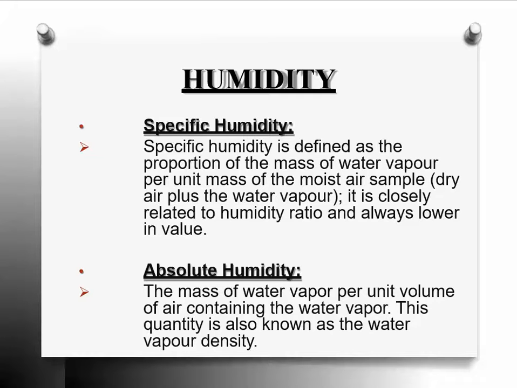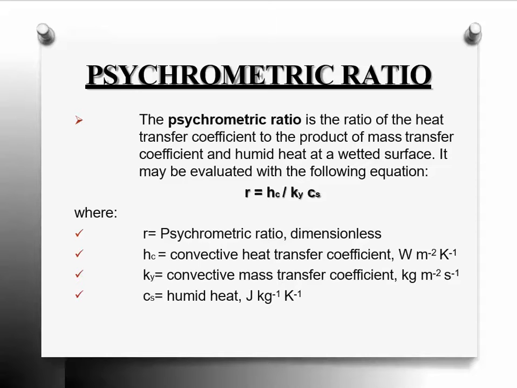Next we have the psychrometric ratio. The psychrometric ratio is the ratio of the heat transfer coefficient to the product of the mass transfer coefficient and humid heat at the wetted surface.